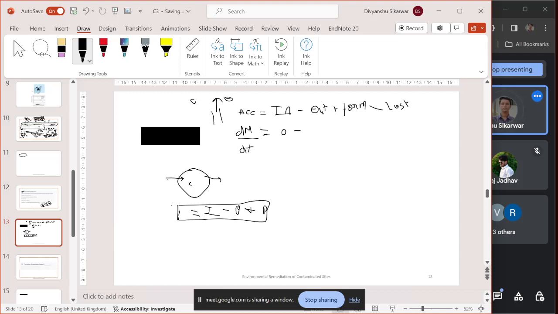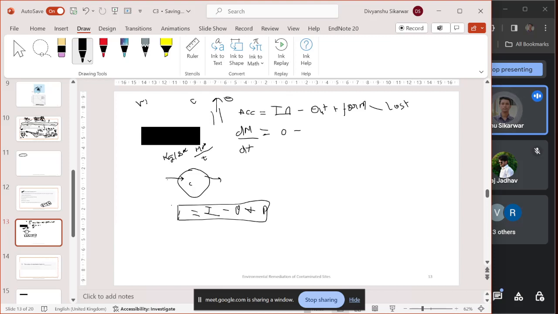If I want to calculate how much mass is taken out per unit time, this dM by dt is basically what? Unit of mass divided by time, say kg per second. To get this mass per unit time, we have to multiply Q and C, right?